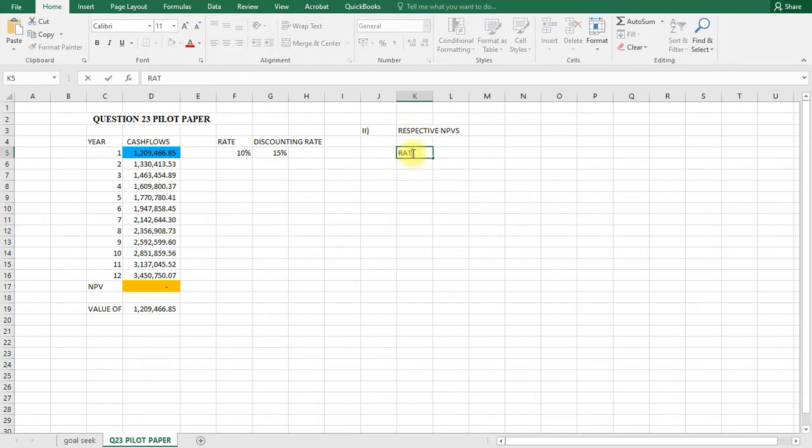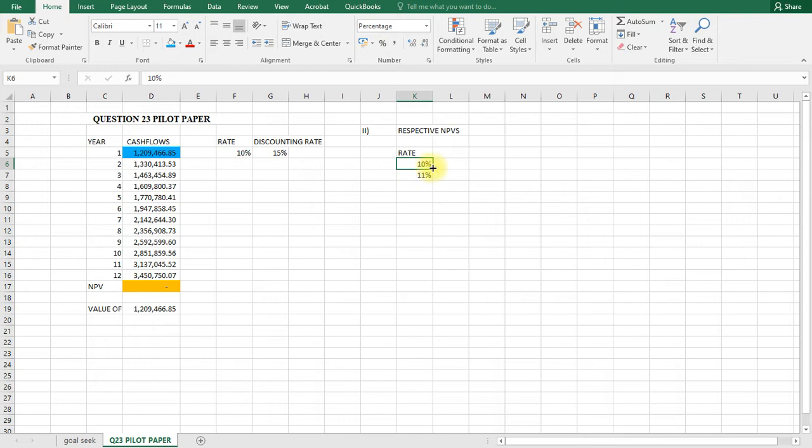So here we shall have our rate. Our rate is starting from the lowest at 10%, up to 15. 10, 11%, and you can autofill that. Okay, so let me just use this one.